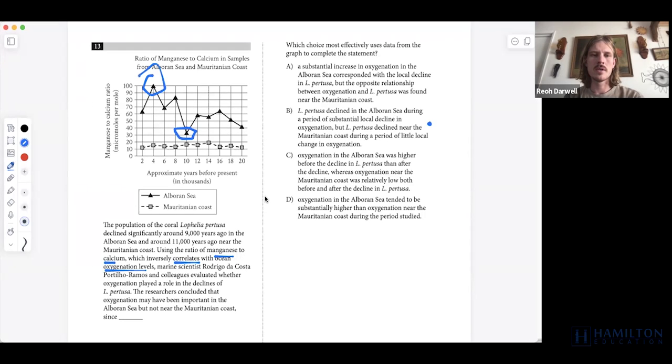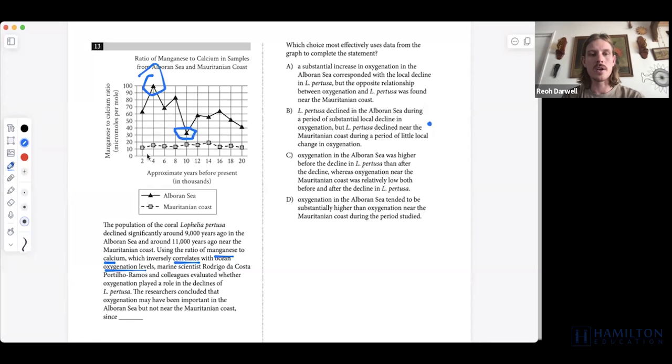Okay. So when they change in the up, it means that oxygen is going down and vice versa. Right, so from 10,000 to 8,000, manganese levels went really high in the Alboran Sea, meaning that oxygen levels changed significantly in the negative, right?